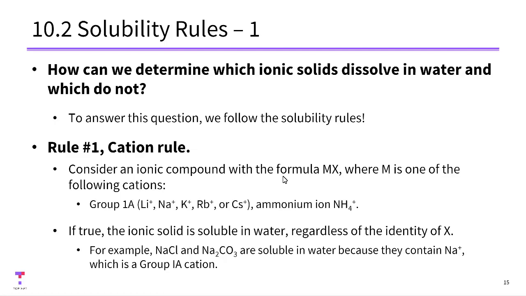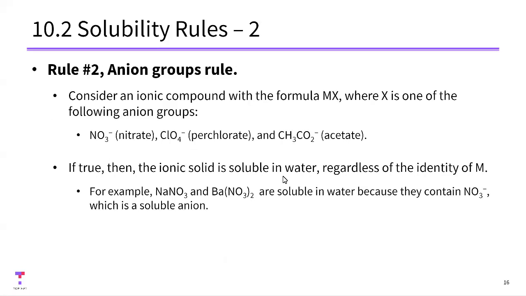The other half of our base is the anion groups rule, rule number 2. This concerns the anions that are always soluble in water. And we're looking particularly at 3: nitrate ions, perchlorate ions, and acetate ions.